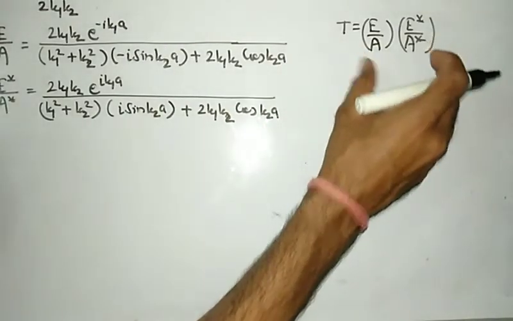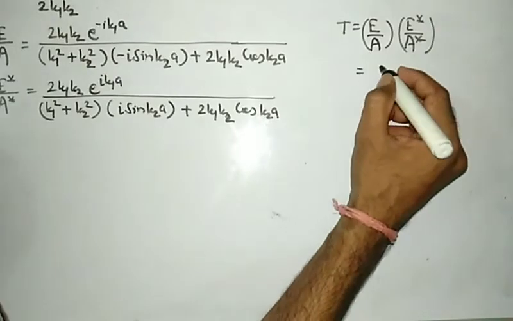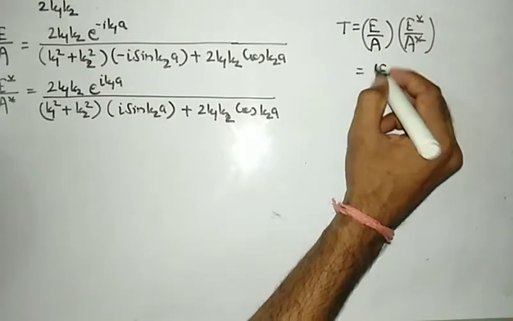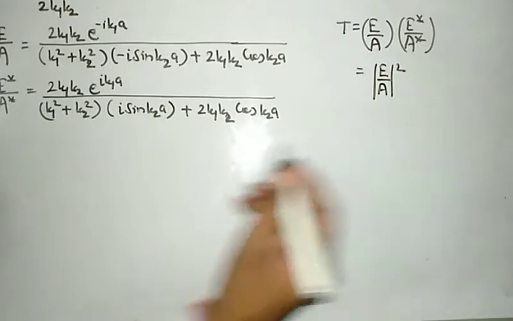Now since we have to find t, this is what we can write in short, mod e by a whole square.